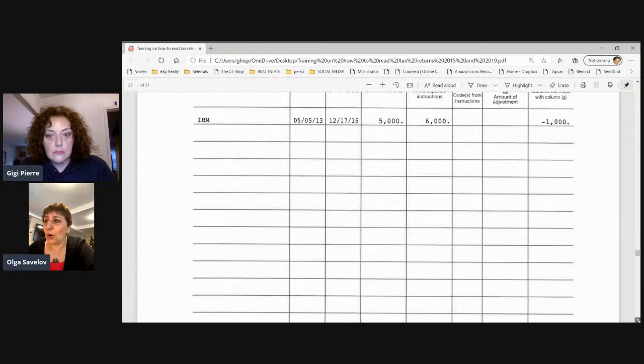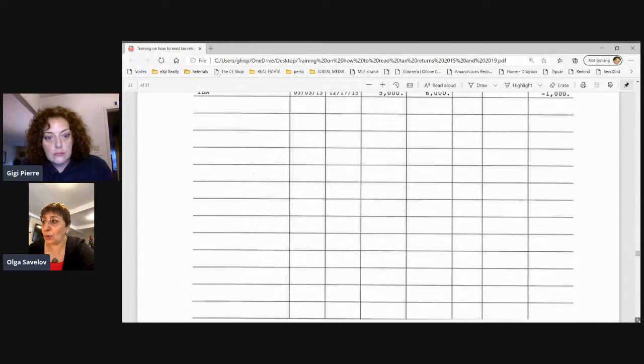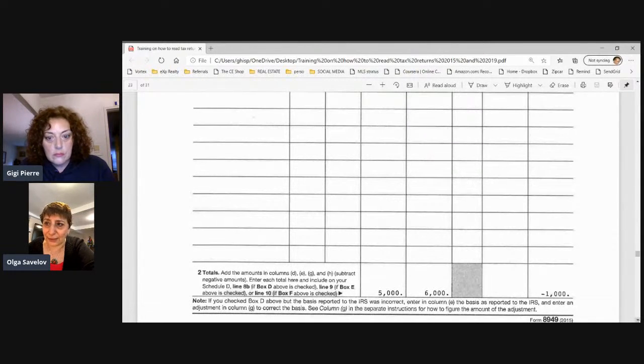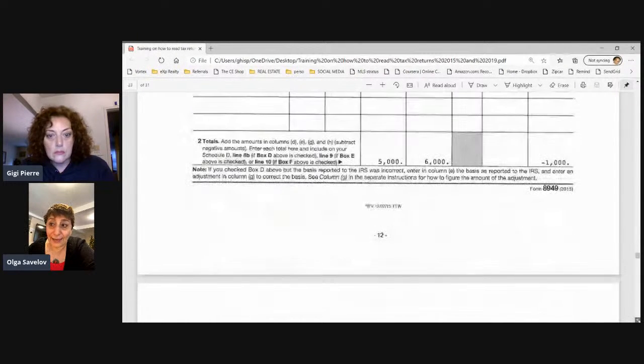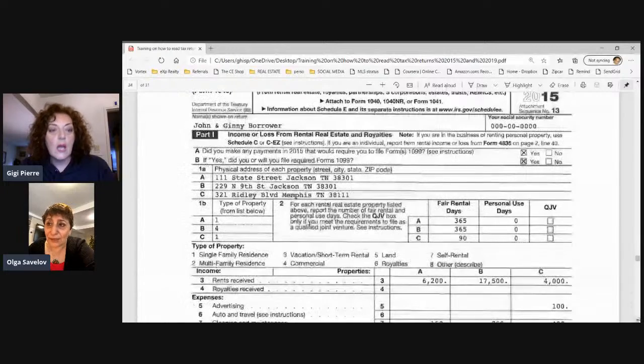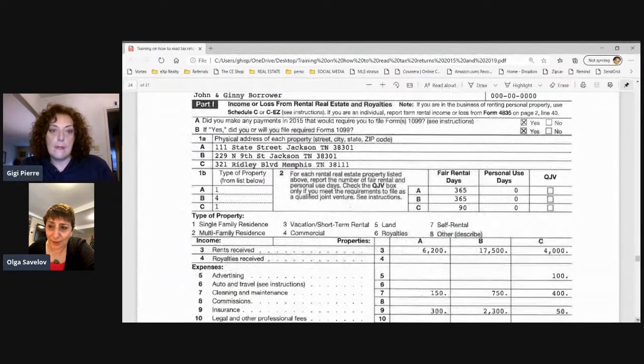Now we're going to go to the supplement. I want to show you how the rental income works. On page 24, it recaps the addresses of the properties and what kind of property type. Line A was a one-family house, line B was commercial, and line C was a one-family house.